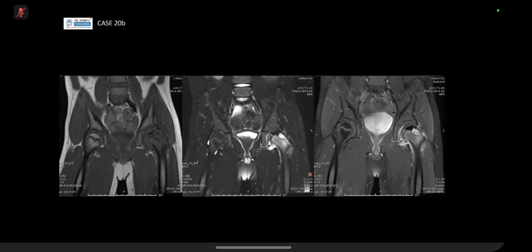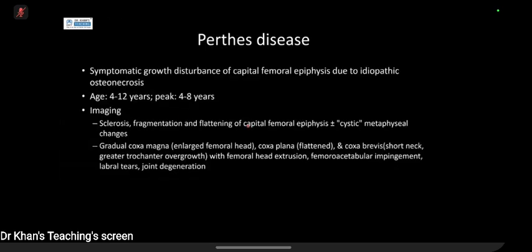The only thing here was that we did raise a possibility of infection just because it was at the metaphysis. You've got all these marrow signal changes as well. However, this is on the background of Perthes disease or avascular necrosis of the femoral head epiphysis. The only caveat was that the patient was very, very well. There are no systemic features of infection at all. So what we have is actually cystic metaphyseal changes.